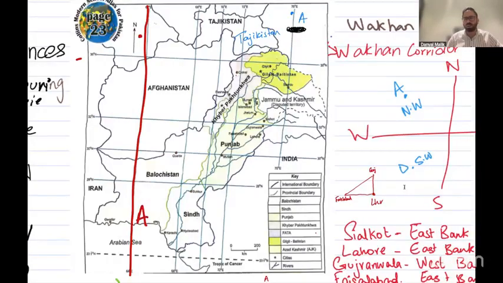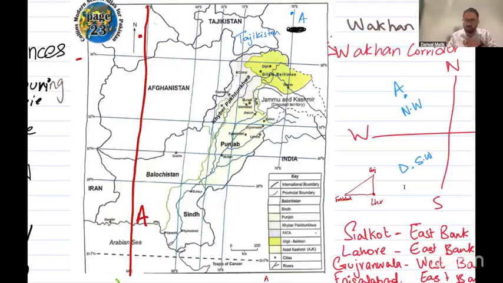Can you guys see the lines on the map? Now, when line A is passing through Pakistan, which province is it passing through? It is passing through Balochistan only.